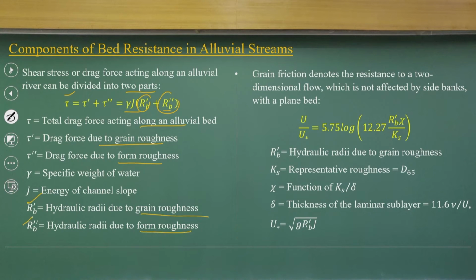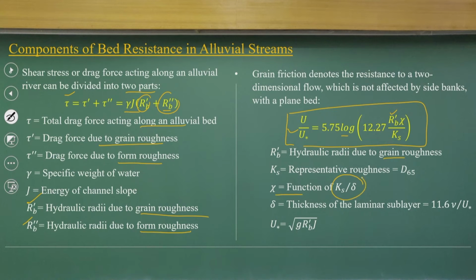Okay. In the last class we discussed that we can define the velocity distribution of a channel, which will be a logarithmic velocity distribution. Here we are using log base 10, not natural log, that is the difference, and u* is the shear velocity. Here we have introduced that the grain roughness can have an R_b dash, and xi is a function of Ks by delta.